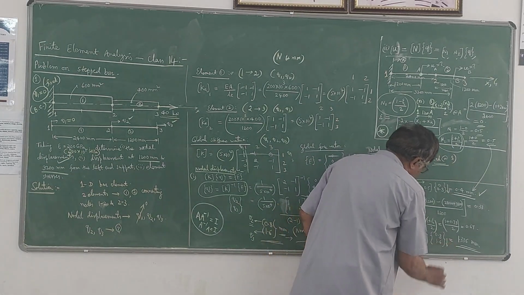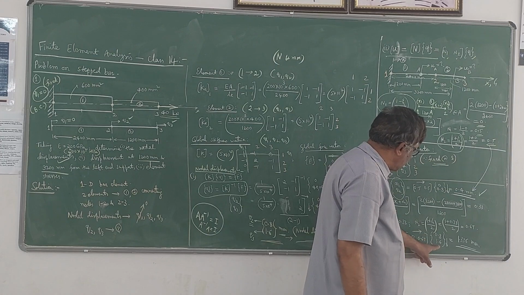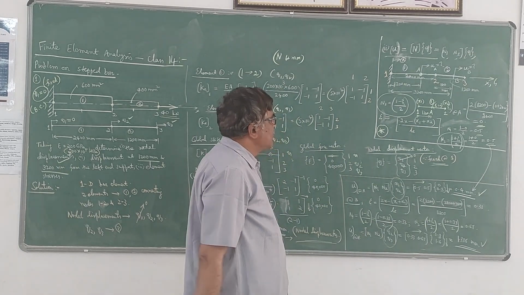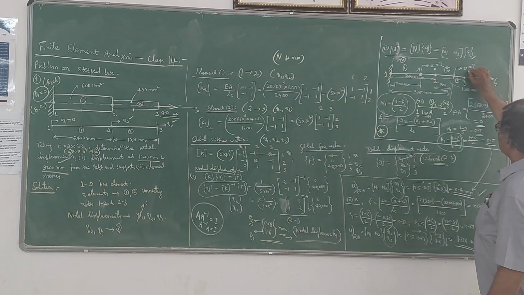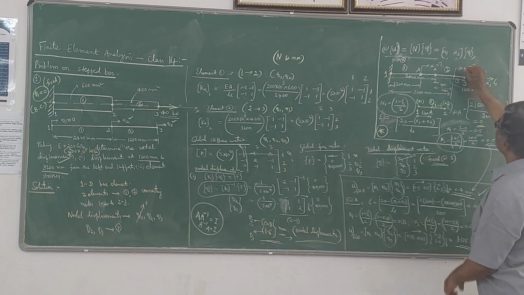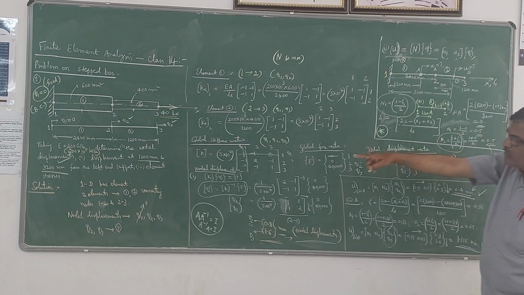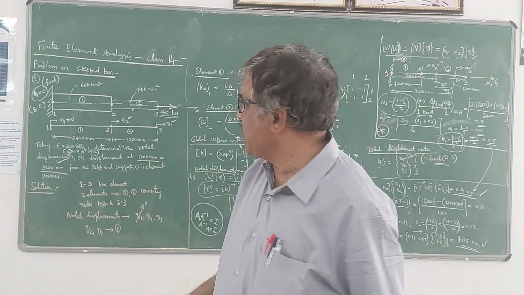So the value will be 0.33 into 0.8 plus 0.67 into 1.6, which comes out to be 1.336 mm, and the other value is 0.4 mm. So that is the displacement at the two points A and B.